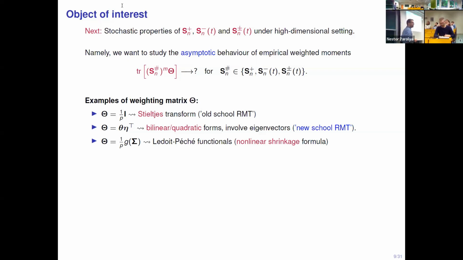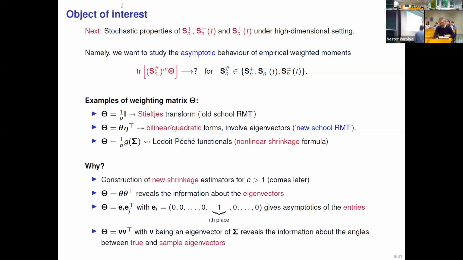So you can do a lot of things. This reveals information about the eigenvectors, but most importantly, these things deliver the way to construct shrinkage estimators when p is greater than n. That was actually the main aim.